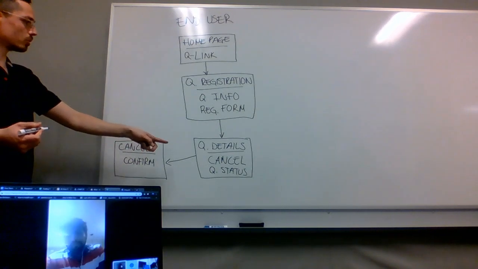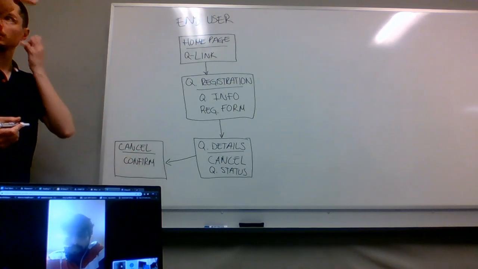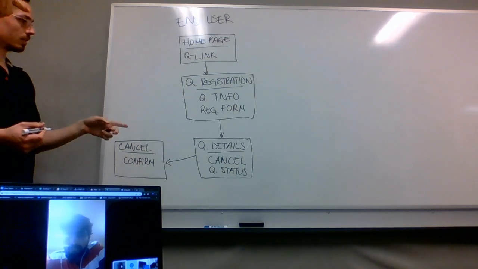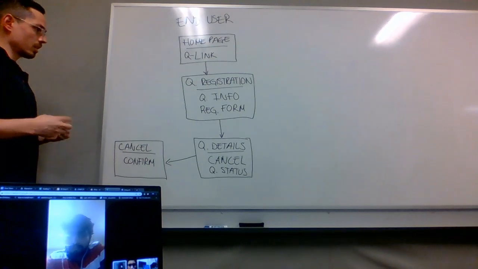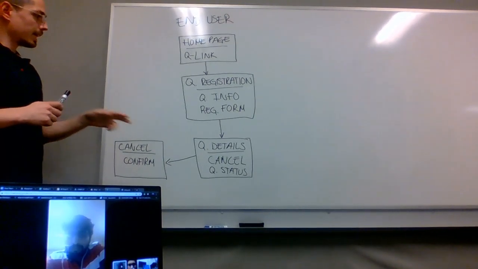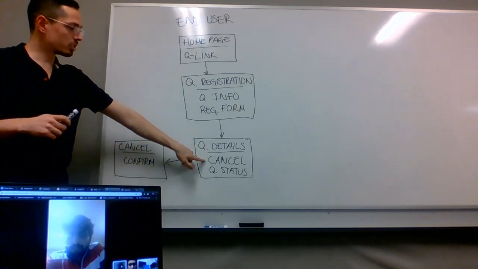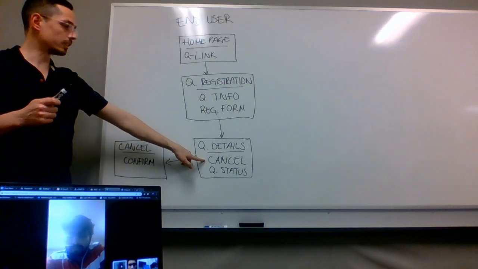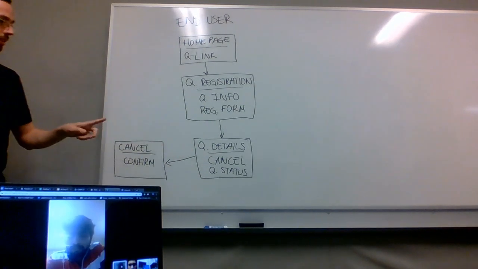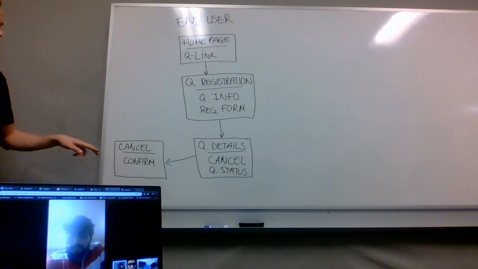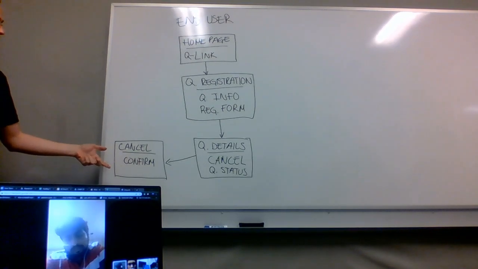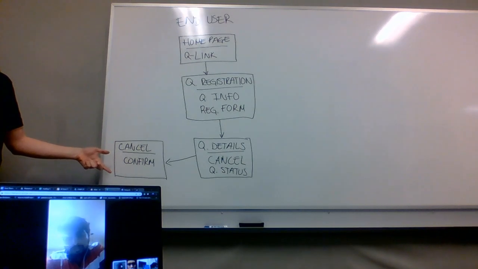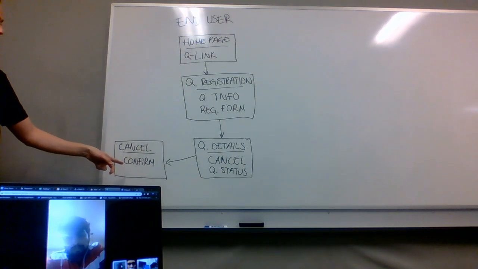Do we need to display any information? We probably need to remove cancel from the queue details. This will be shown as an option here. Okay, that's just a confirmation dialog. Probably, well, we're seeing it as another page. This page will have the confirmation and we'll actually do the cancellation.